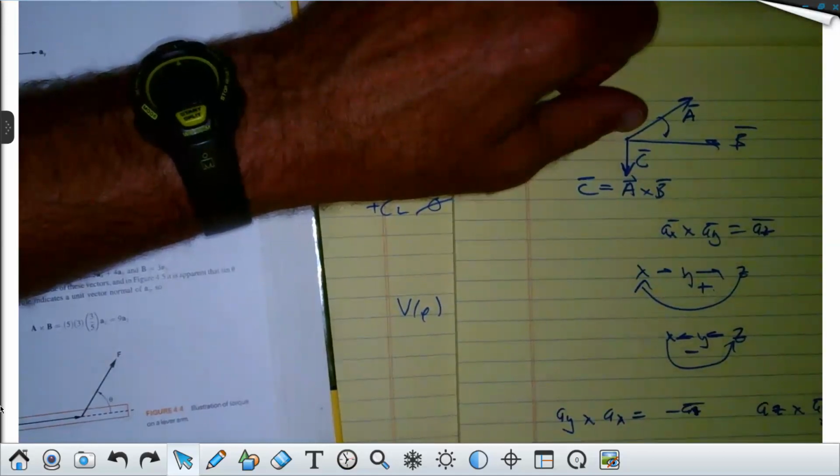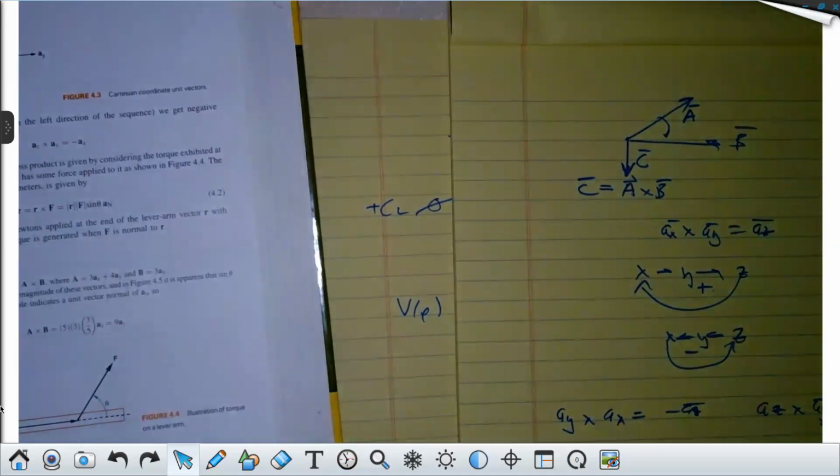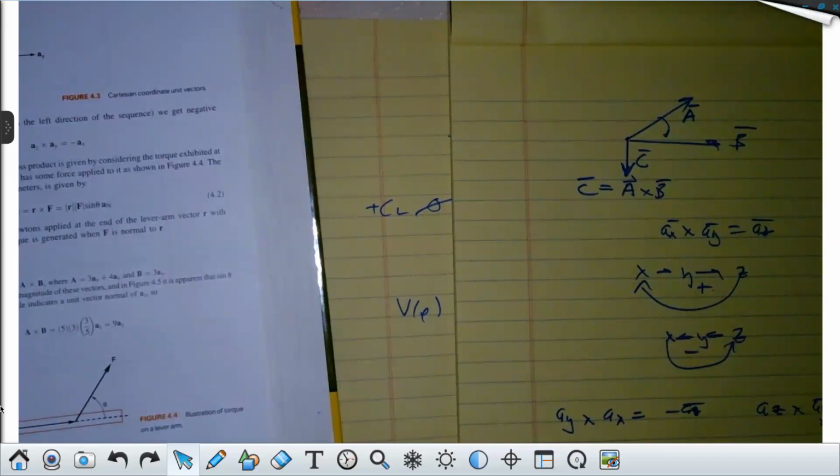Good with that? We can do it with cylindrical and spherical coordinates too. I don't know if he has it in the book here, but in spherical coordinates they're normally grouped R, theta, and phi, correct? All right, these are all positive: R, theta, phi, this way, all positive.